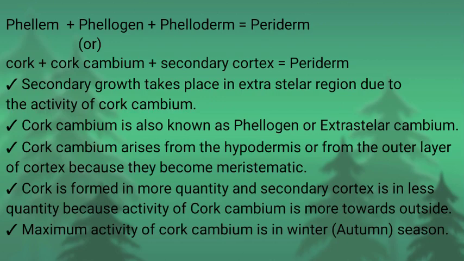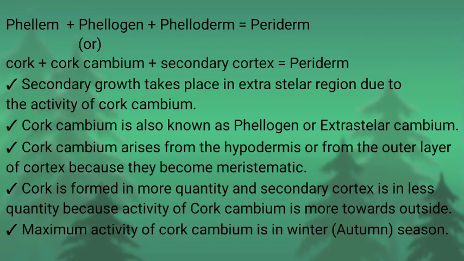Cork or phellum is formed in more quantity and secondary cortex or phelloderm is formed in less quantity because the activity of cork cambium is more towards the outside, less towards the inside. Maximum activity of cork cambium occurs in winter or autumn season.